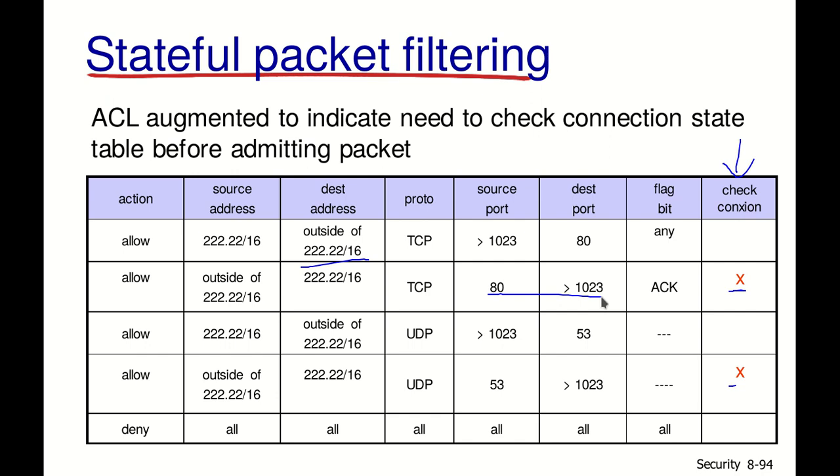For example, if this particular TCP connection for the HTTP service is already closed, then we are not going to admit any incoming packet. The same with UDP: if there was no UDP request for this particular response, then we are not going to admit this packet.